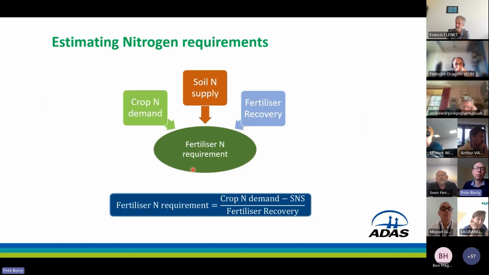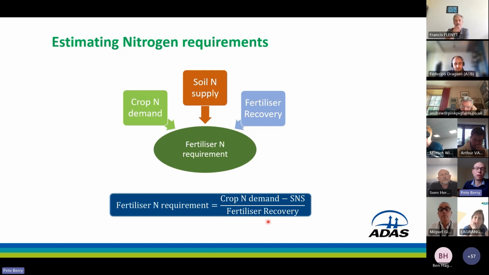So you can boil down the management plan for estimating nitrogen requirements into this sort of schematic, where you need to consider the crop nitrogen demand, how much nitrogen is going to come from the soil, the efficiency of which the fertilizer is recovered by the crop, and that works out how much fertilizer you actually need to apply.